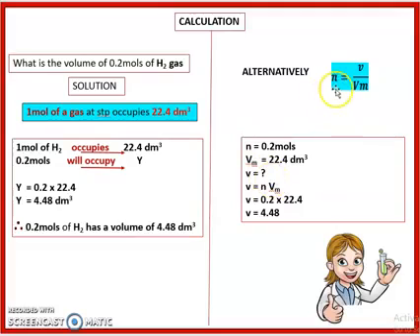So from this formula, making V the subject of formula, when you cross multiply, you have V equals N times Vm. So V equals 0.2, which is N, times 22.4, which is molar volume. So V equals 4.48 dm3. Okay? I hope you understand.